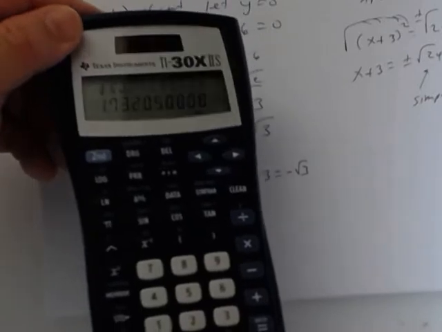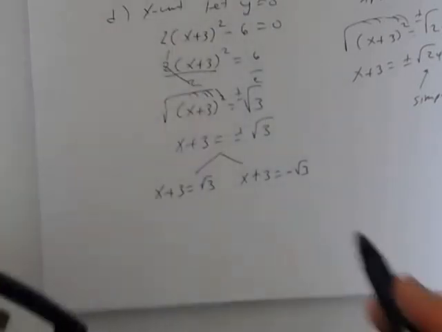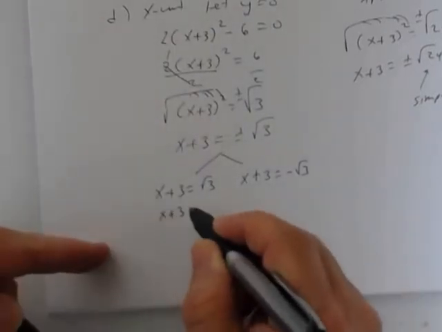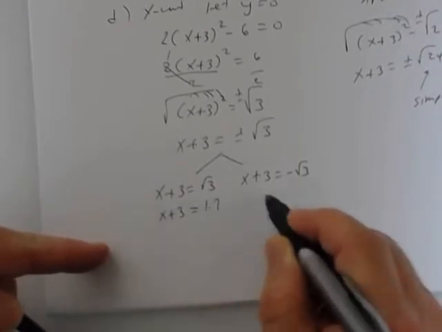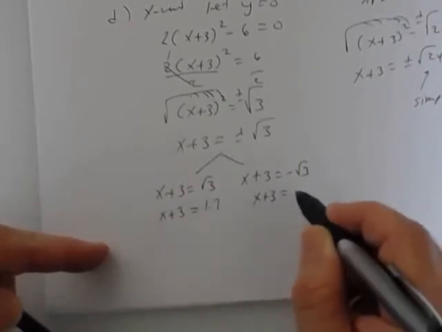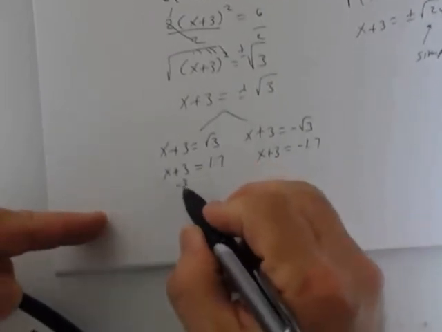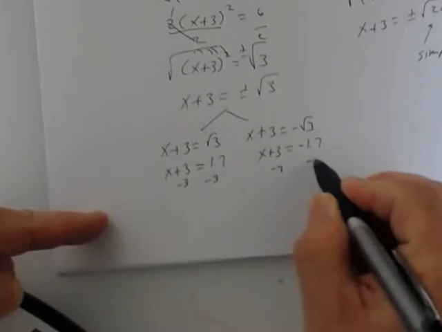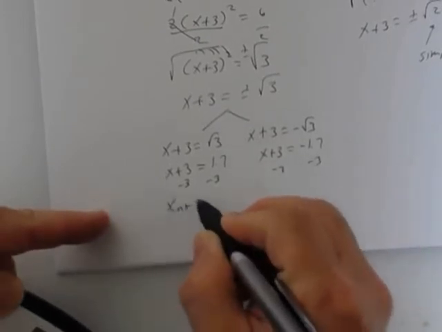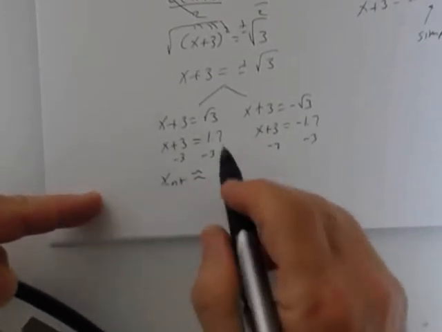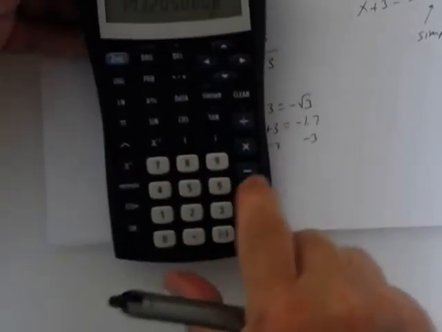I'm sorry, 1.7, yes, 1.7. Okay? So x plus 3 is approximately equal to 1.7. X plus 3 is approximately equal to what? Negative 1.7. And then all you do is subtract 3 from both sides, from both cases. And then your x-intercept is approximately equal to what? What's 1.7 minus 3?